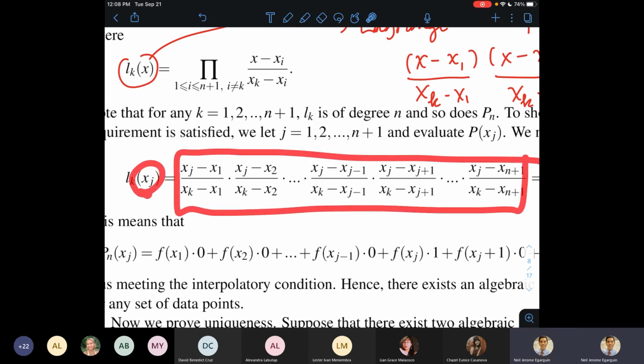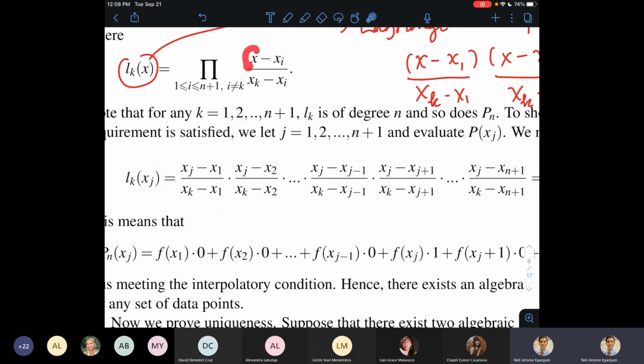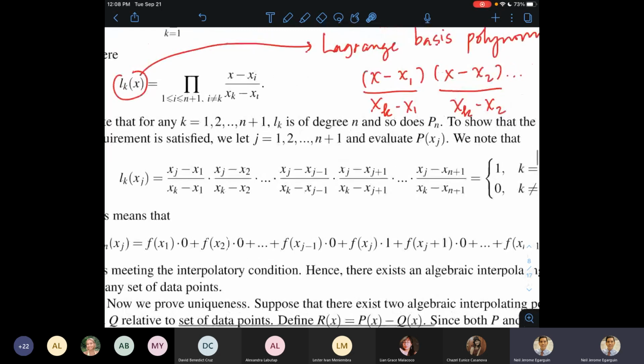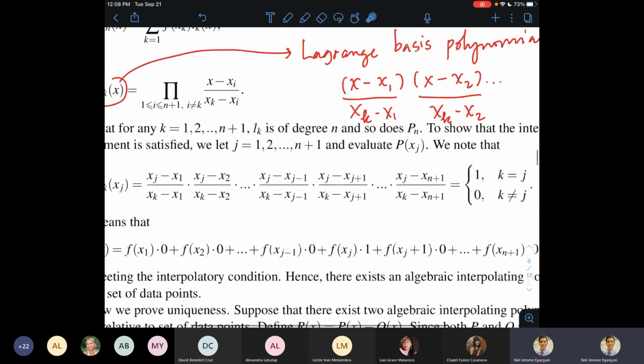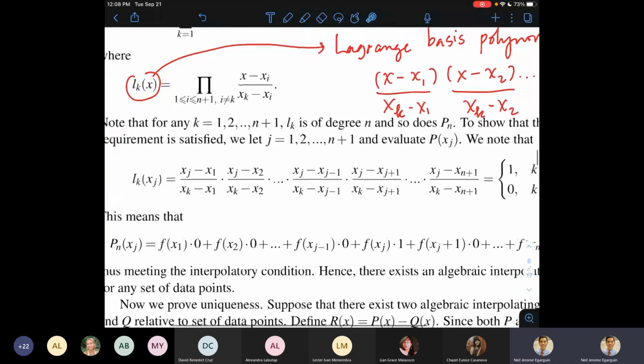Tapos ipin-plug in ko lang si xj. So kung meron siyang x dito, ipa-plug in ko si xj, makukuha ko to. Okay? And then let's see what happens. Well, kapag si j ay not equal kay k, anong mangyayari? So umpisan siguro natin sa k equals j.